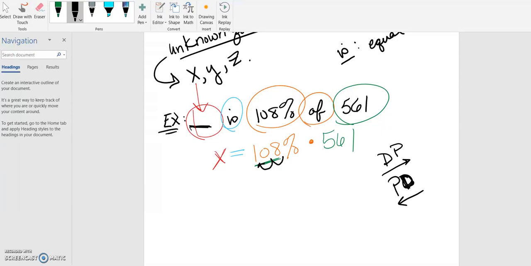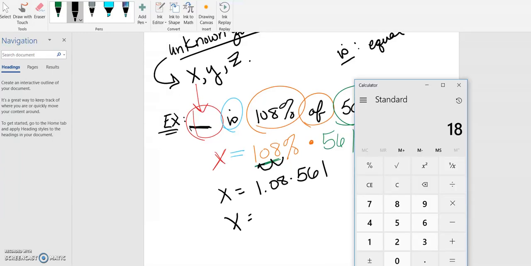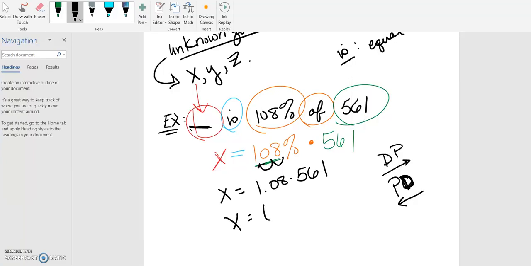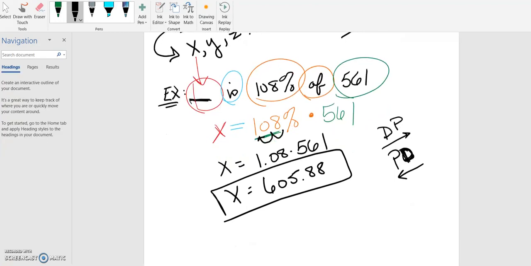So I move that to the left. That's going to give me x is equal to 1.08 times 561. You'll need a calculator here. 1.08 times 561 is going to give me 605.88.